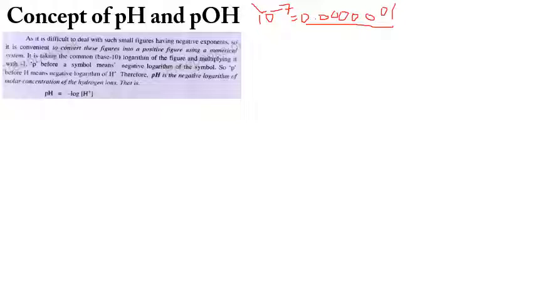So for easiness, we have chosen the logarithm scale. We have chosen the logarithm to deal with small numbers. It is convenient to convert these figures into positive figures using a numerical system, taking the common base logarithm of the figure and multiplying with minus 1.